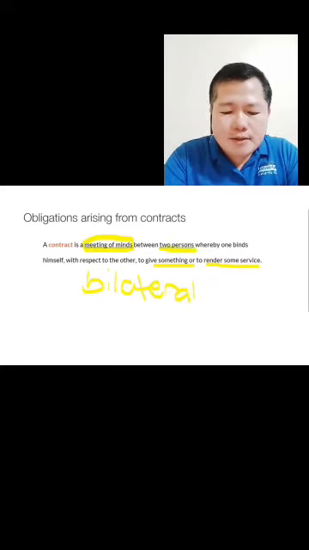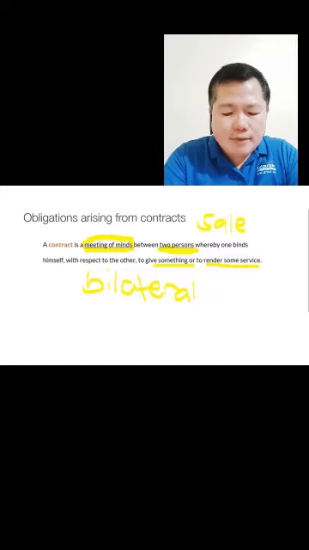For example, in the contract of sale earlier, Tanjiro binds himself to perform an act, which is to deliver the bottle of wine, while Inosuke also binds himself to perform an act, which is to pay for the bottle of wine delivered to him. So in this case, this contract is a bilateral act.